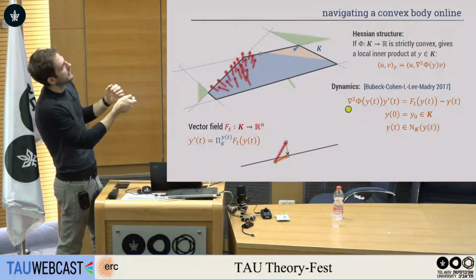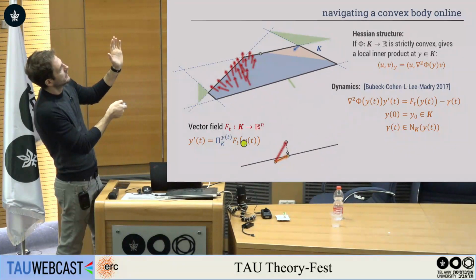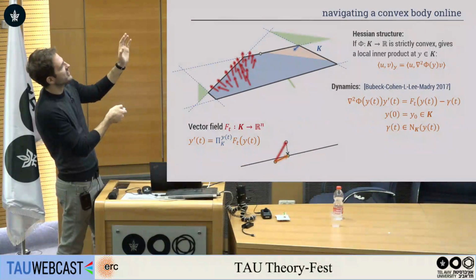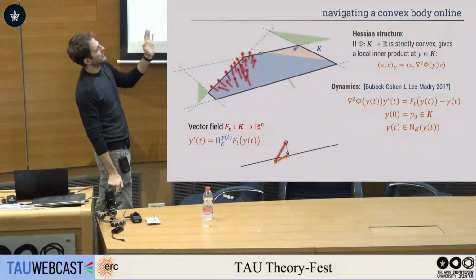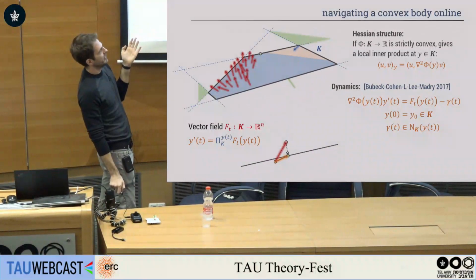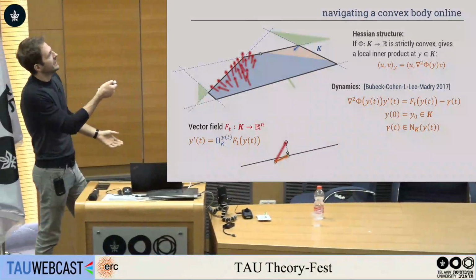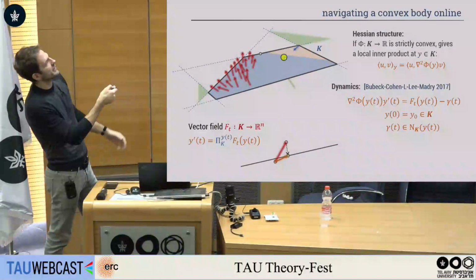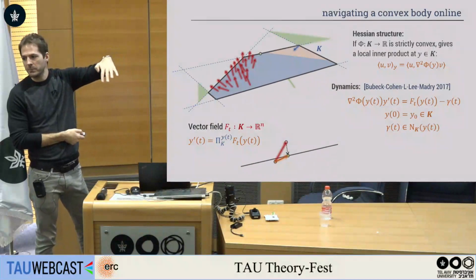The only other thing you should know is what you can read off from this differential equation: the resulting algorithm is just doing this flow along the vector field, except that it's experiencing some normal forces from the fact that the boundary of the body is there and it can't leave the boundary of the body.